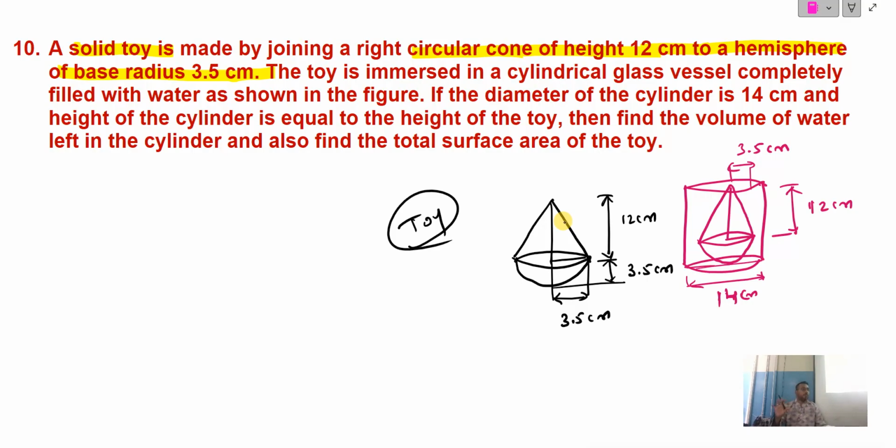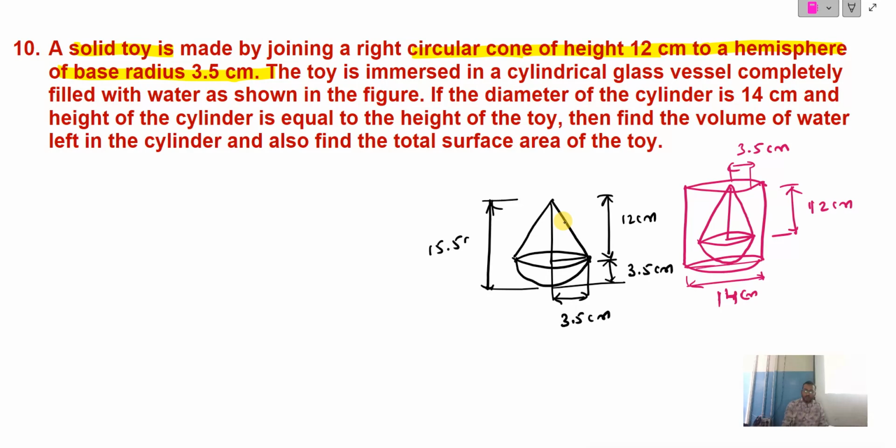The toy is immersed in a cylindrical glass vessel completely filled with water. It means here I have one cylinder. Let me draw clearly.